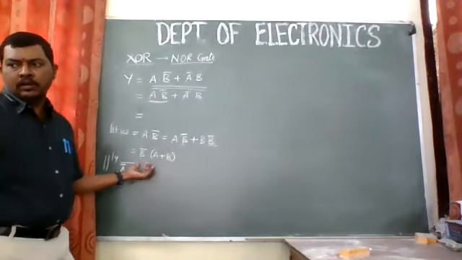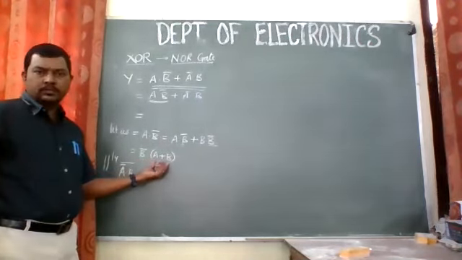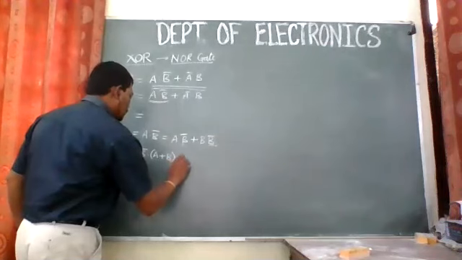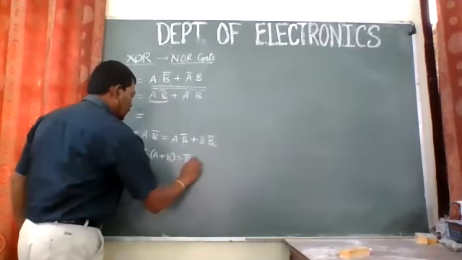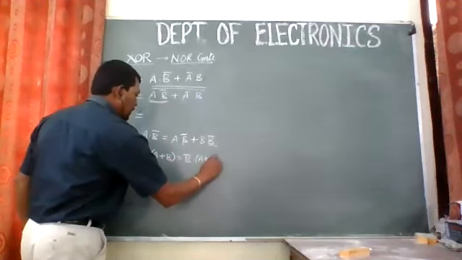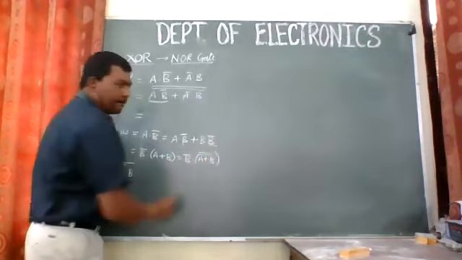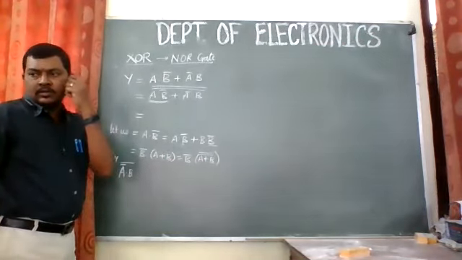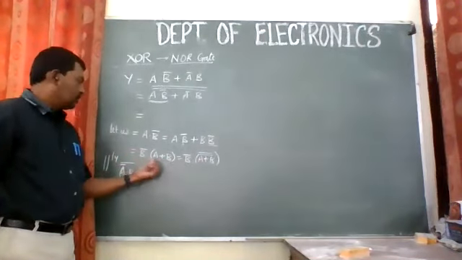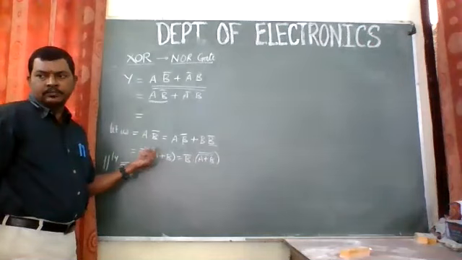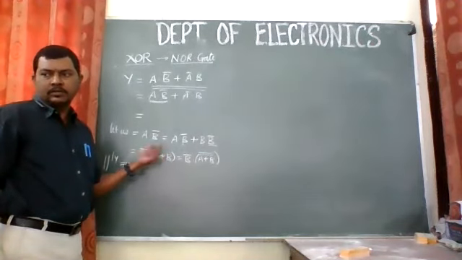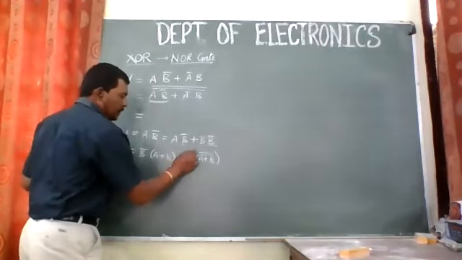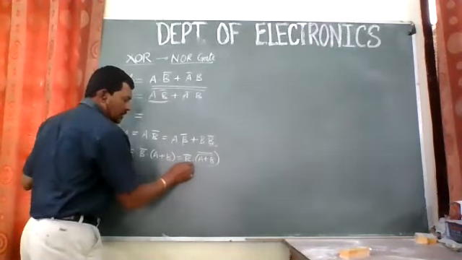Now put a double complement on this equation. So we'll be having B bar dot A plus B double complement like this. So now this is one complement, and this is one complement. This is one term, and this is the other term.